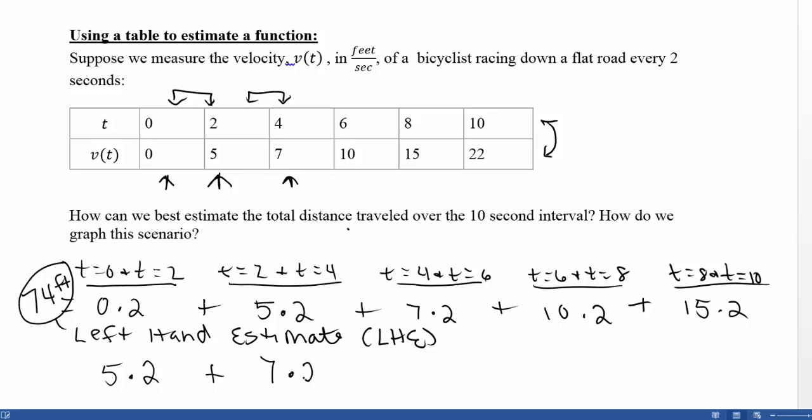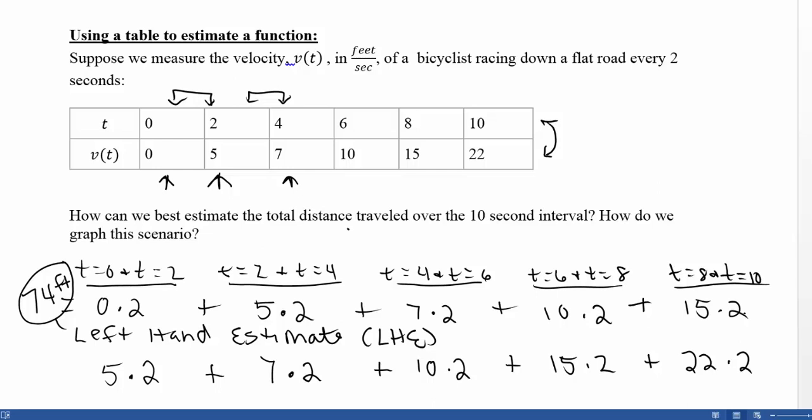So 7 times 2. Plus, from 4 to 6, if I pick the rate on the right, that's 10 times 2. Plus now from 6 to 8, the rate on the right is 15 times 2. Plus, now from 8 to 10, I have 22 times 2.